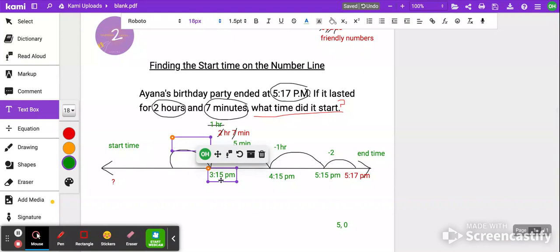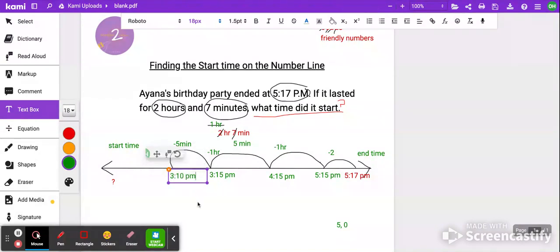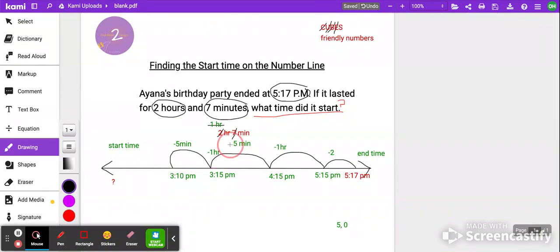And so if you have 15, take away 5, that leaves 10. So let me put up here first, minus 5 minutes. My new time would be 3:10 p.m. Right? And so now I'm going to go ahead and line through this 5 minutes. I have no more time to subtract.